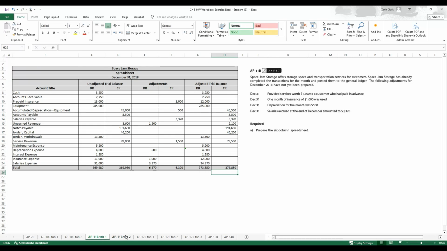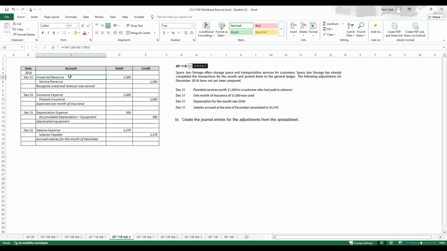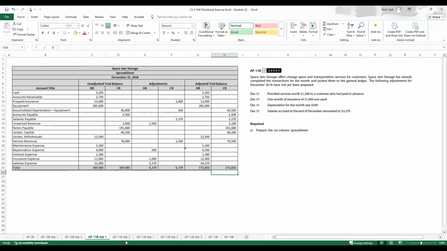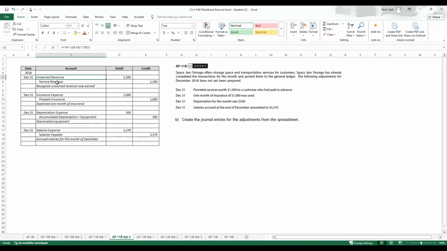with how I'm linking that information together. Click into the cell that you want to link. First you put an equals or plus sign, and then you click on the other tab, click the cell you want to bring over, and you can link those. It's not a necessity to do that in the journal, but I'm doing it this way because it saves a little time versus re-typing unearned revenue and service revenue, etc. But also because I think it might help you better understand how the spreadsheet and the journal entries are connected, and they're basically the same thing.